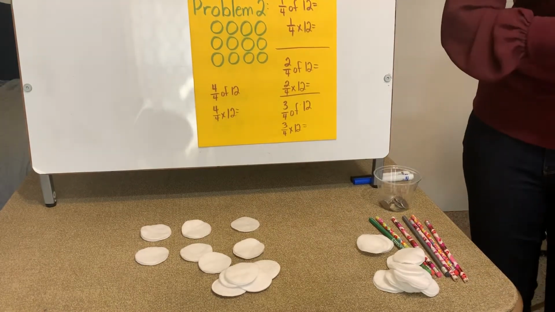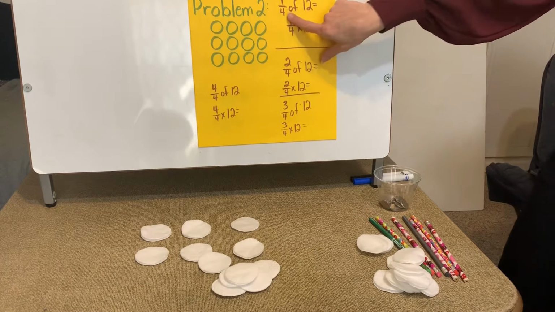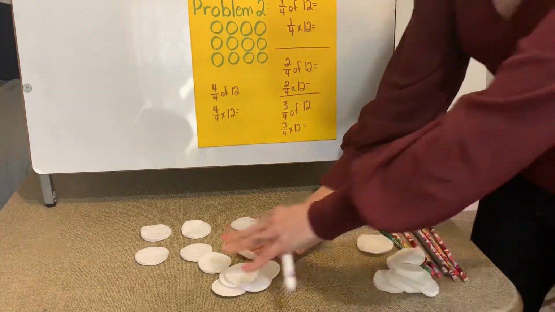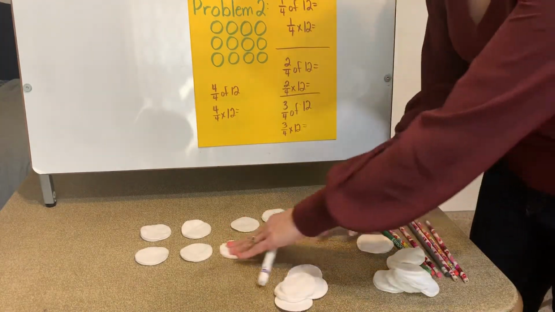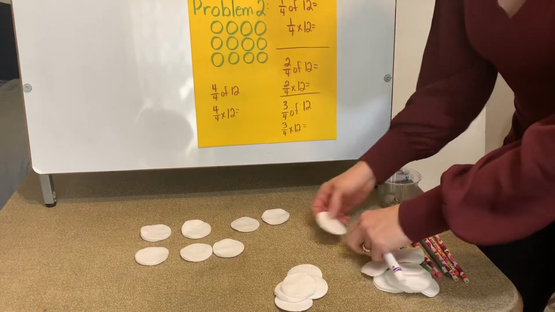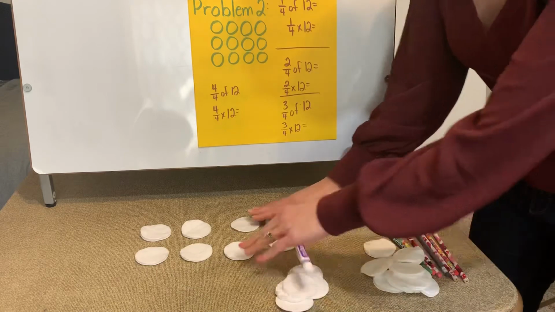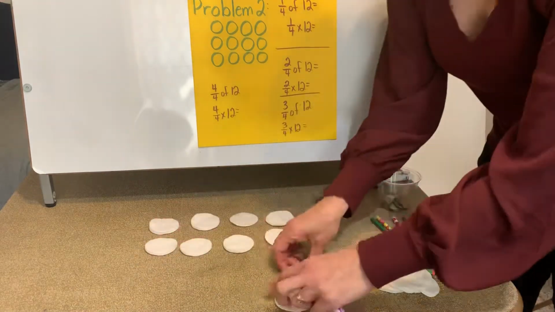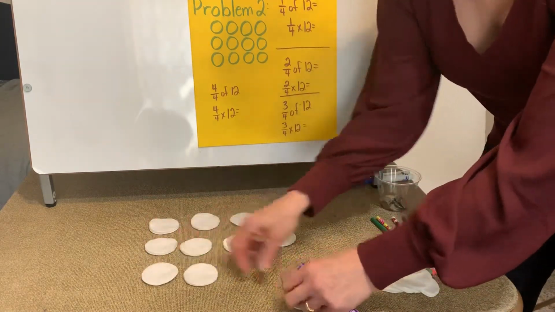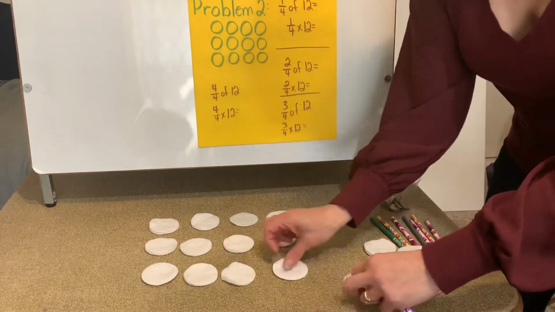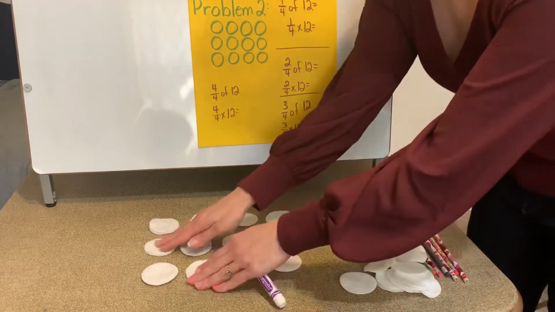So because we're talking about fourths, we need to put them in rows of 4. So I've got 4, 8, 12. All right.